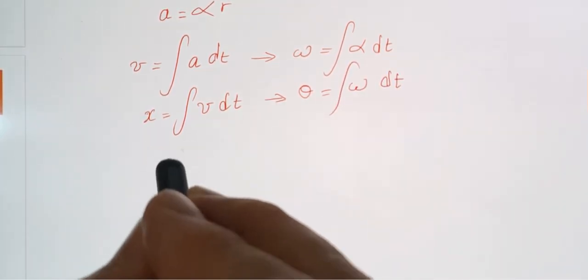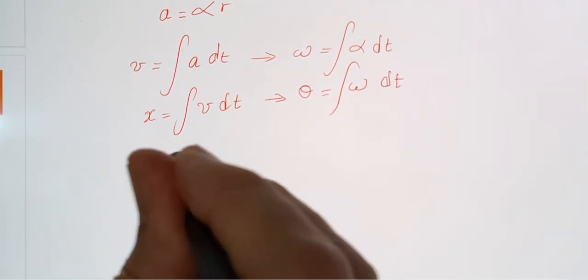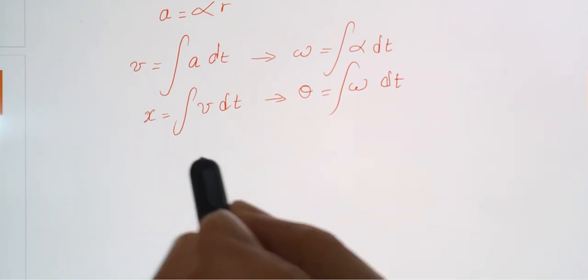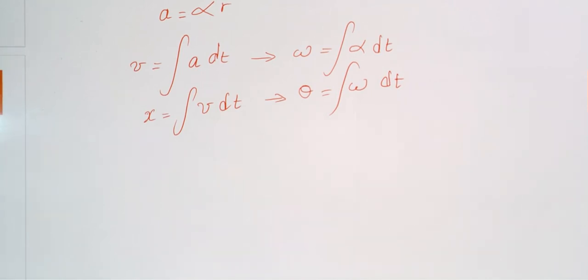So it's just we transfer our translational acceleration, translational velocity, translational displacement. Whatever we know there, we just transfer it and apply it to angular displacement, angular velocity, and angular acceleration.